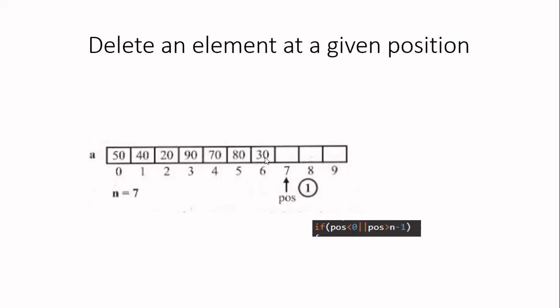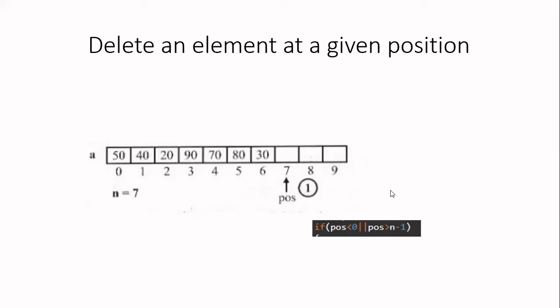So you have to check whether the position is less than 0 or greater than n-1. If any one of these conditions is true, that means you are outside the array limit, so you can't delete the element. You have to send some message to the user.